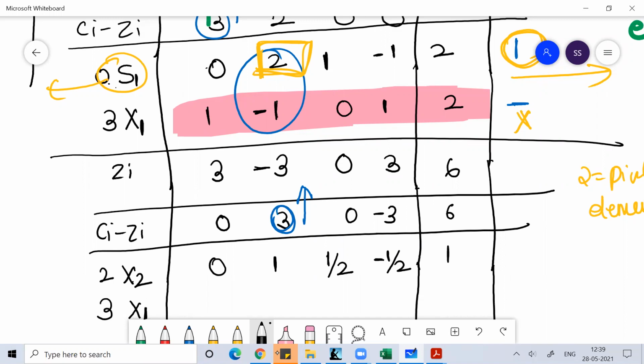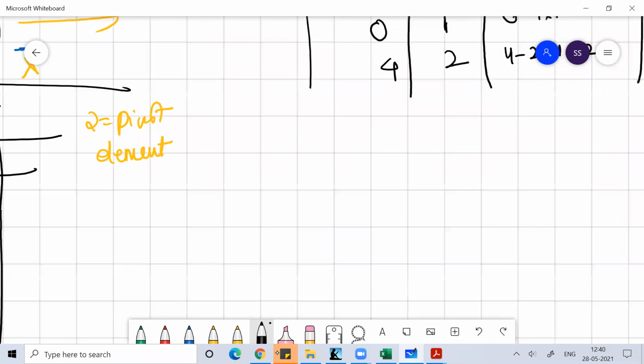You got that by dividing all the elements of that row by the pivot element. The corresponding value of the pivot element is your k constant. And the old value of x1 would be called the old element.